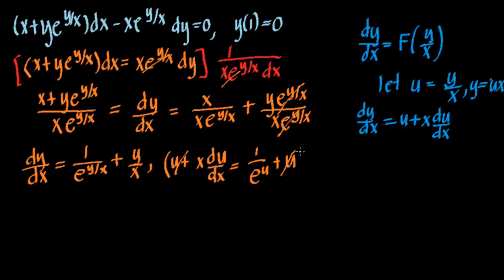So we're left with x du over dx equal to 1 over e to the u, and multiplying e to the u times dx over x so that we can separate the variables. Cancelling out the x over dx, we're left with e to the u du is equal to e to the u over e to the u is just 1, so we can cancel this. And we're left with dx over x.